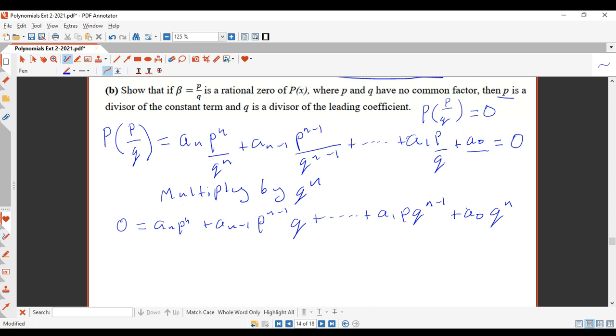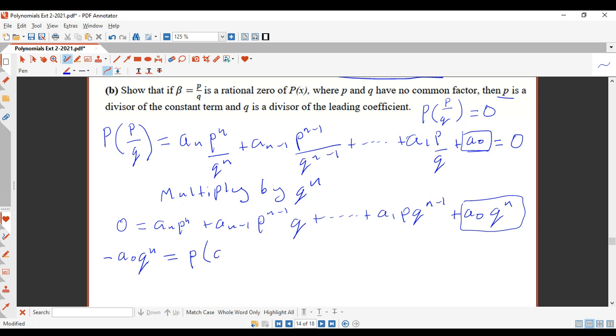Notice that all the other terms have a p in them, because we want to prove that p is a divisor of the constant term. So I'm going to put the constant term on the other side. So you're going to have minus the term containing the constant term, which is a_0 q^n, and then we're going to simultaneously take out p as a factor.